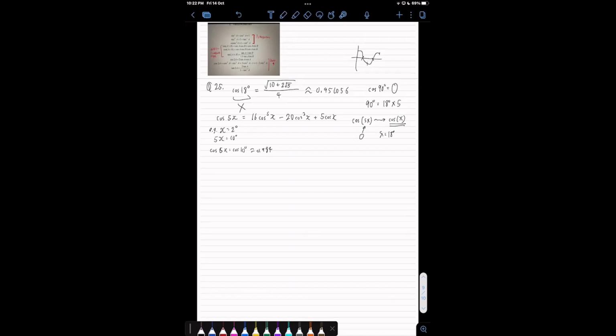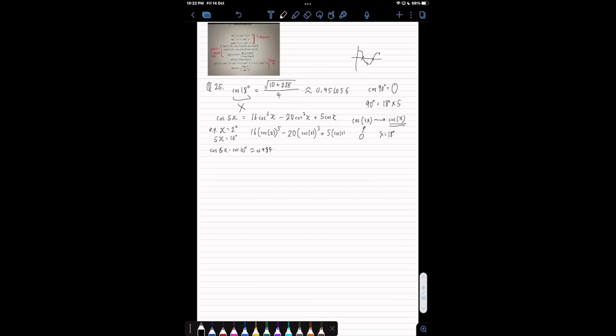Now, can you try typing this expression into the calculator, but replace the x with 2 degrees? Do you know how to type cosine to the power 5? You type it as open bracket, cosine, open bracket, 2 degrees, close bracket, then power 5, likewise for all the others.